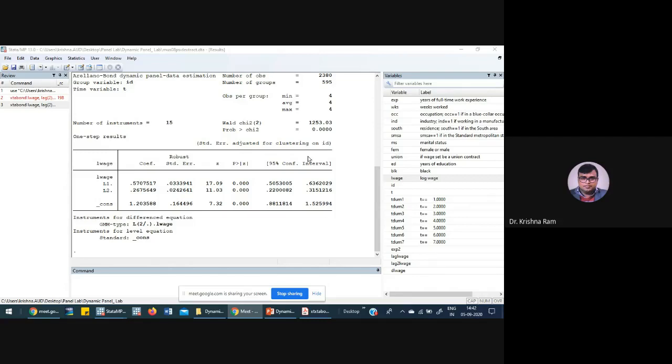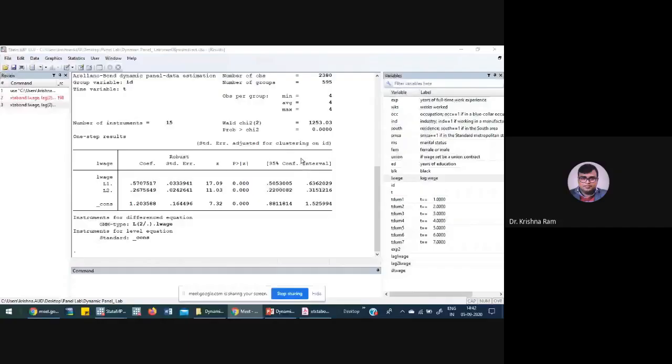Since you have only 7 periods of data, and after truncating the data, because 3 periods have elapsed, we are left with 4 periods of data. At max, there would be 4 lag values of instruments for one year, and that you have seen.